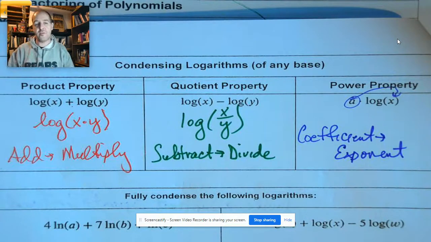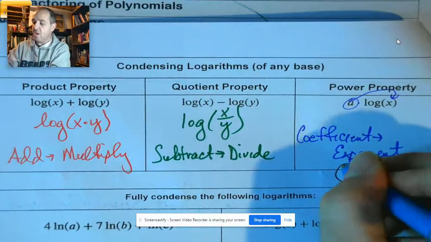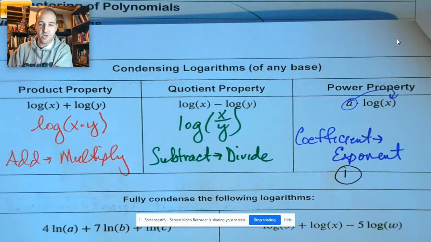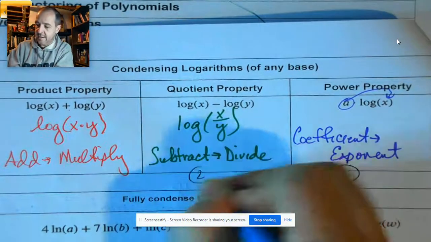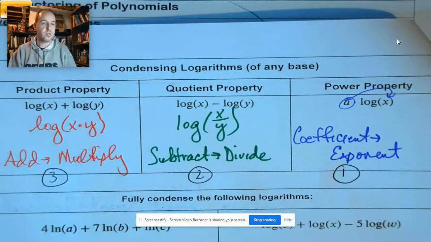And here's the one other change, which you're probably not going to be surprised at. Last time we did product, quotient, power, 1, 2, 3. Well, since we're undoing them, we're condensing them, we're going to do it the opposite way. So any coefficients are going to become exponents first. And we're just going to work backwards.